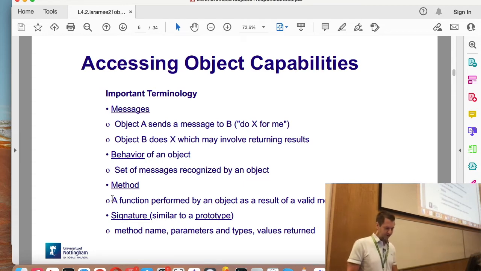A method is a function performed by an object as a result of a valid message, a valid method call. And the signature is the name of the method, the parameters, and the values returned. So sometimes I will say method signature, and it means that first line of a method: the name of the method, the input parameters, and the return values.